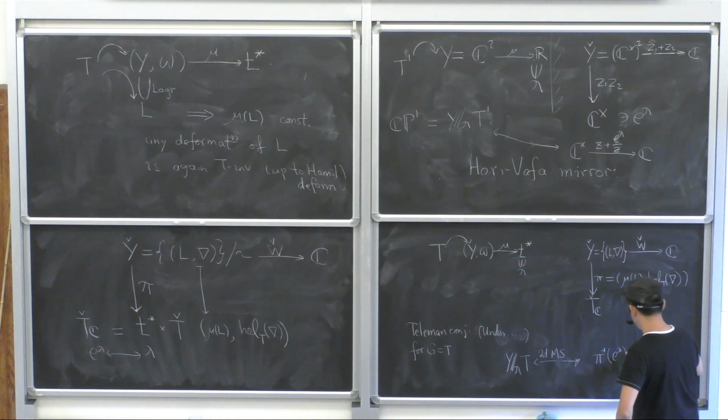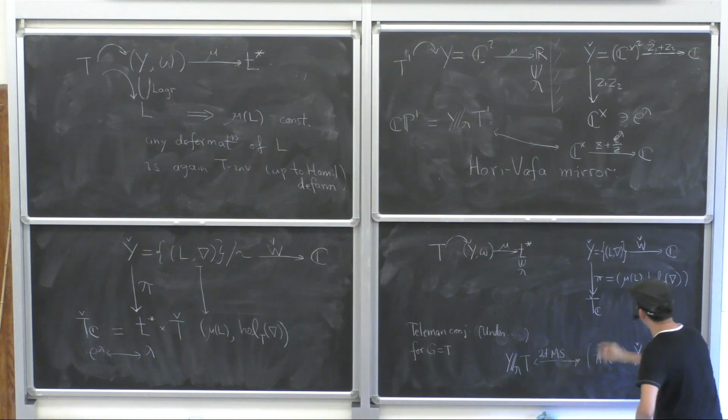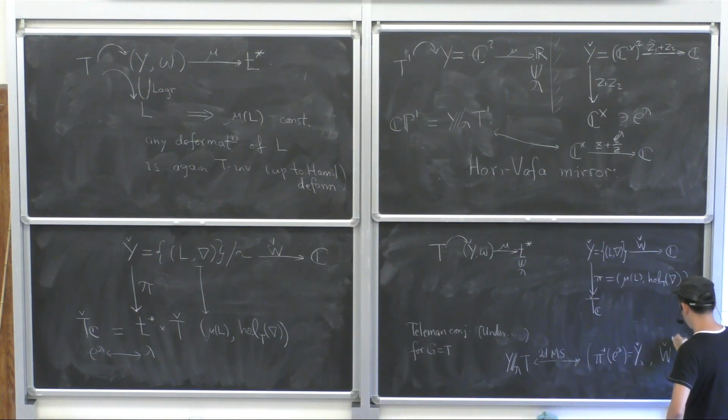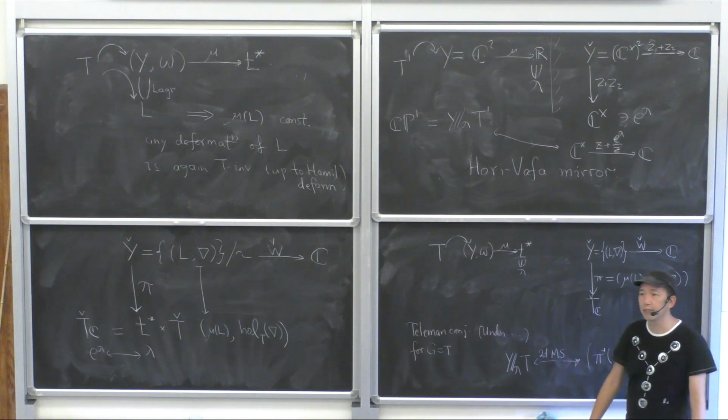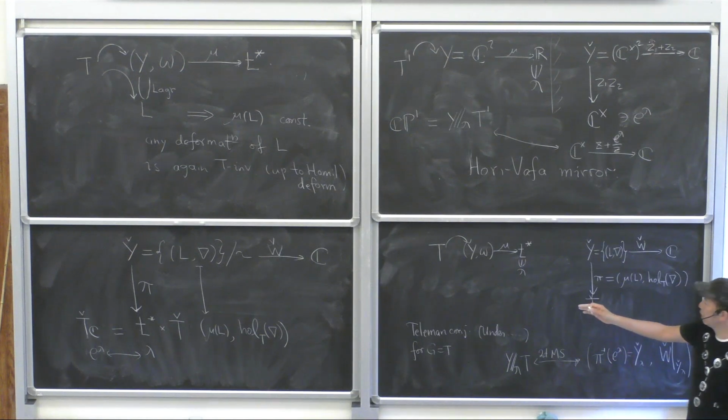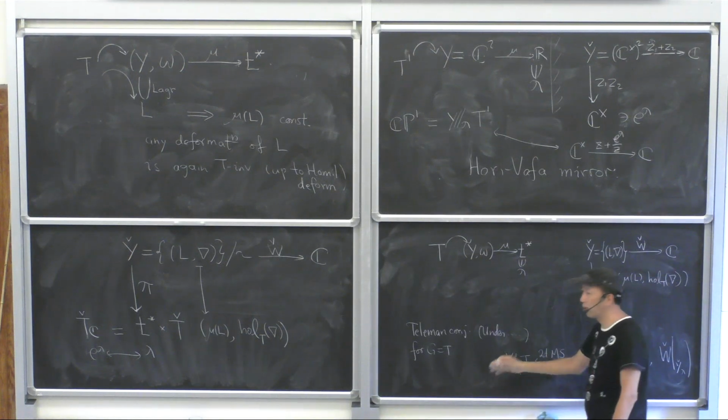Let me just denote it as Y check lambda, with the potential function restricted to this fiber. In the toric case, that is the Hori-Vafa mirror.